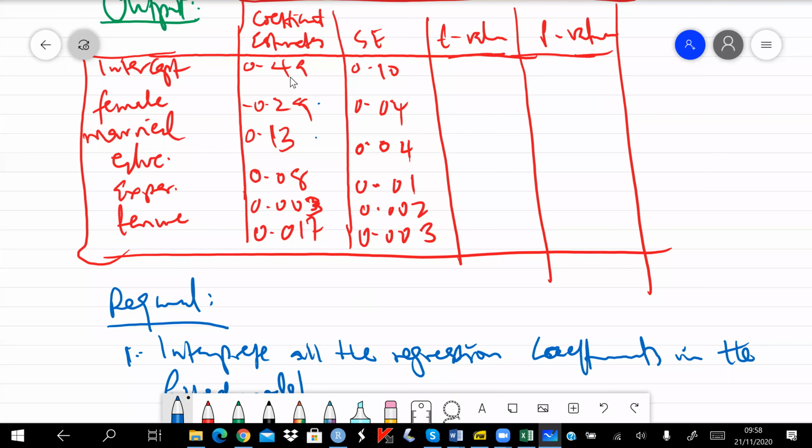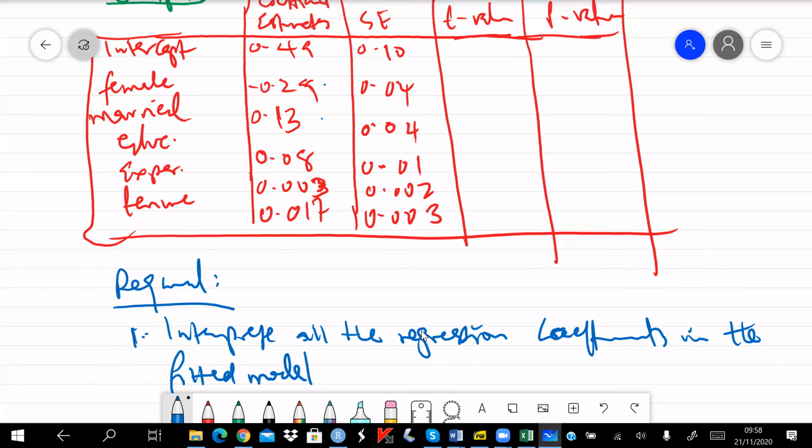So you interpret each of these values. It's good to note that we are fitting a log level model, so your interpretation will be in terms of percentage change in the wage for a unit increase in the continuous variables. Then for the female and the married, you'll be interpreting the way we interpreted example number 1.